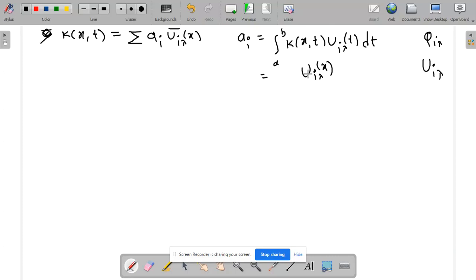So this is equal to ui λ(x) into λ inverse. Take that λ on the other side. So ai is nothing but this.